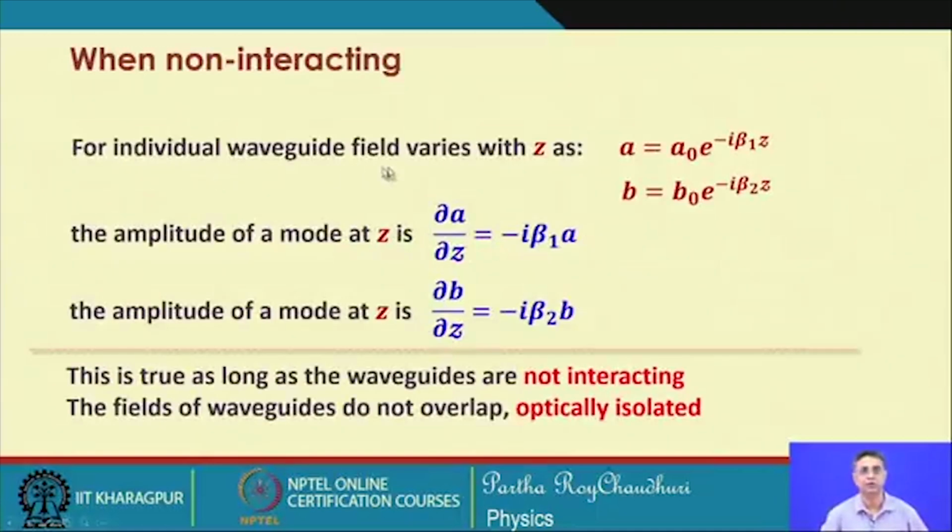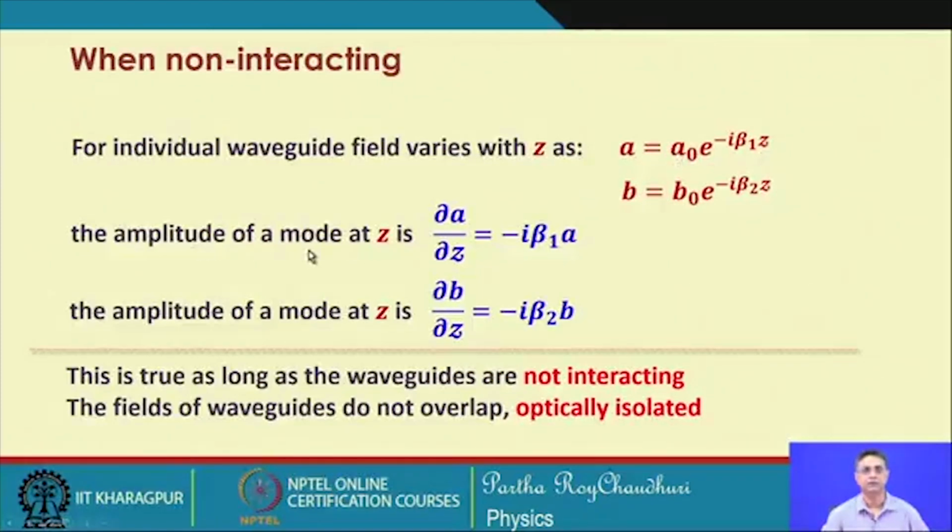So, for an individual waveguide, the fields vary with z as A equal to A0 e to the power of minus i beta 1 z. This is for the first waveguide, and for the second waveguide, B equal to B0 e to the power of minus i beta 2 z. So, these are the two individual independent waveguide modes we are talking about.